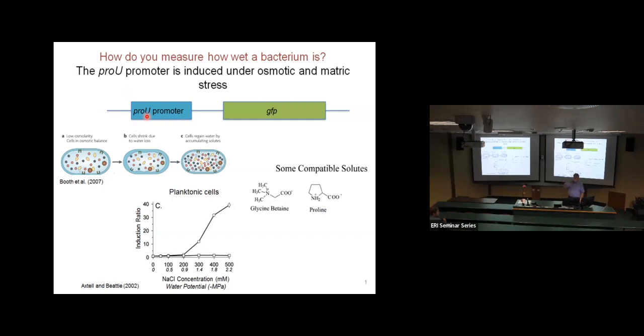Proline is one of these common compatible solutes. Proline makes water more accessible to the inside of cells. So we link that again to a GFP reporter, and as the cells see water stress, they're going to try to make proline to deal with the water stress, and they're going to turn green. The greener they are, the more water stressed they will be.